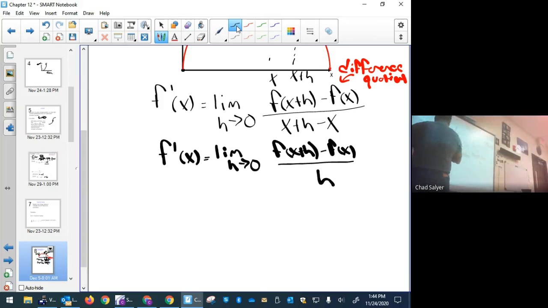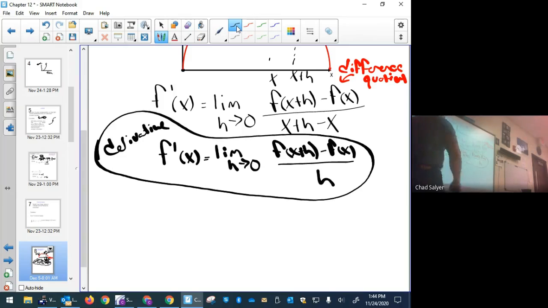But this is the formula for the derivative of a function, the brute force formula, the difference quotient. So again, we're taking h and making it an infinitesimal sliver, the smallest little thing you could imagine.